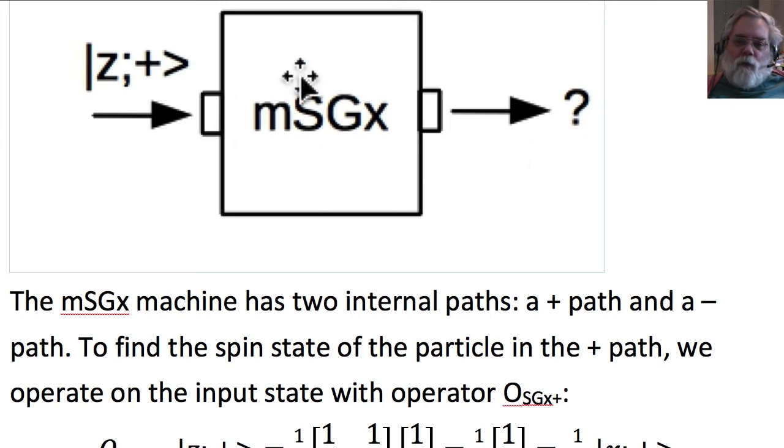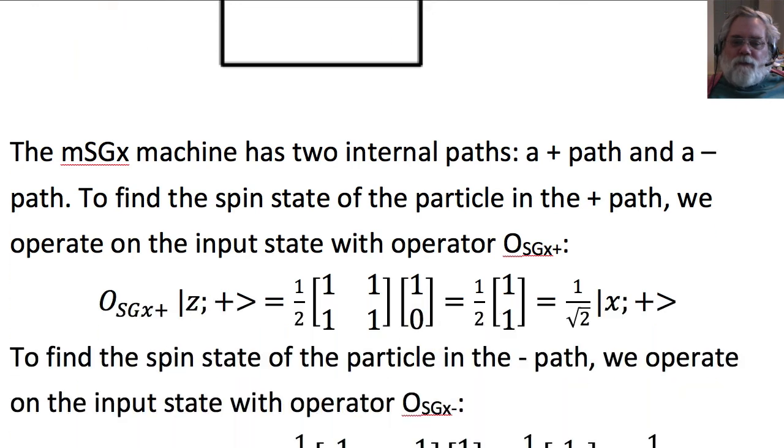Except we know how it works internally. Internally, there's an SGX plus path and an SGX minus path. So let's find the spin state of the particle in the plus path. We take the input state, SG Z plus, column vector 1, 0. We operate on it with projector SGX plus.